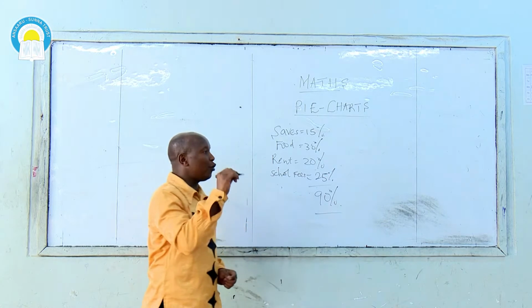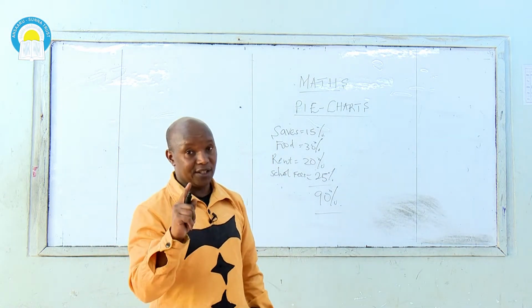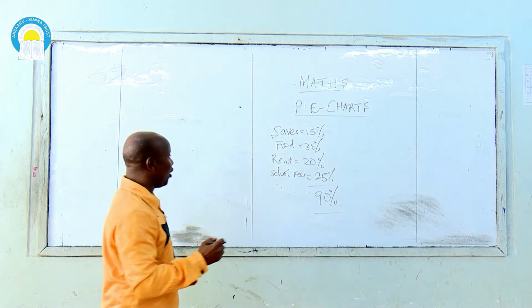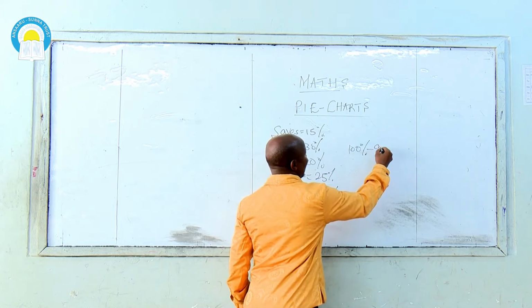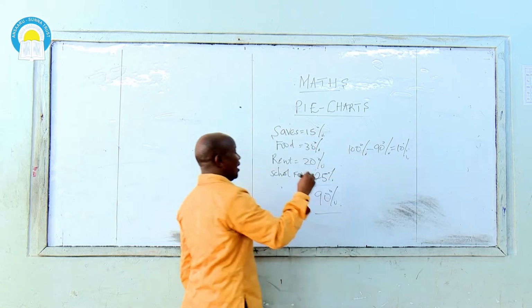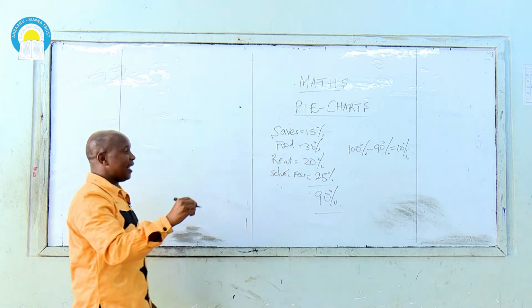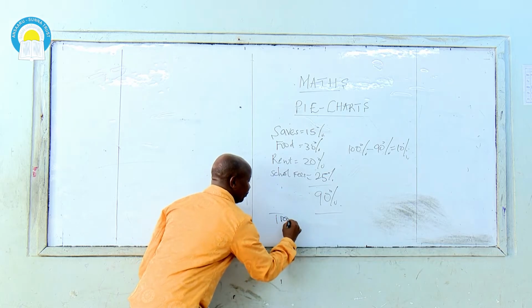That means for you to get the percentage on transport, because we are told the rest is used on transport, you just take 100% take away 90%, which is the same as 10%. That means the percentage on transport is only 10%.